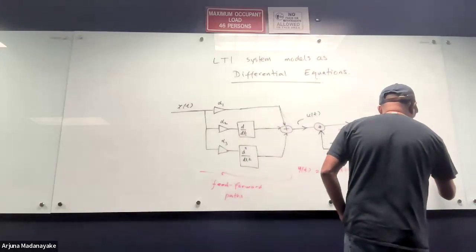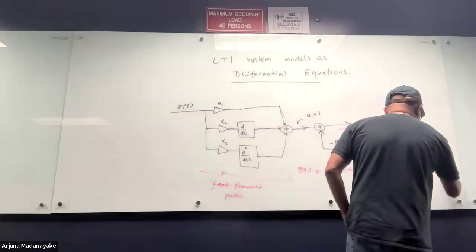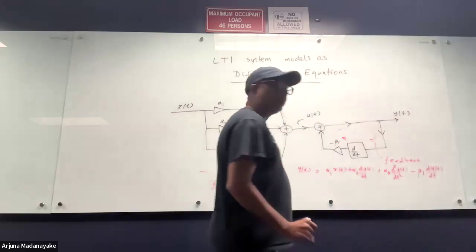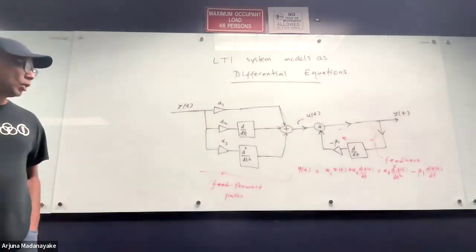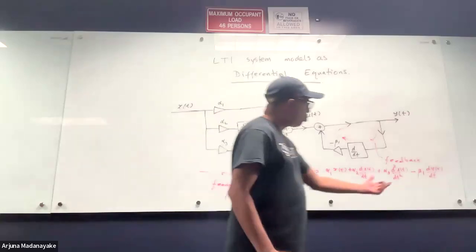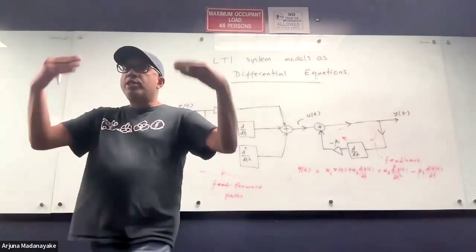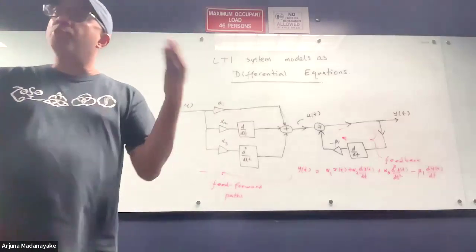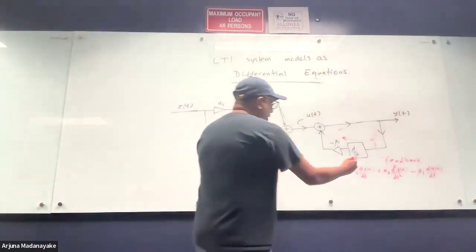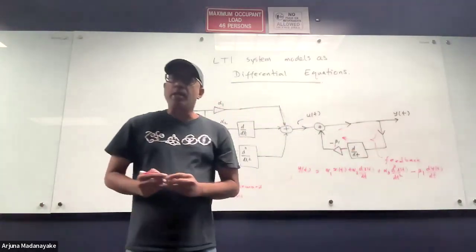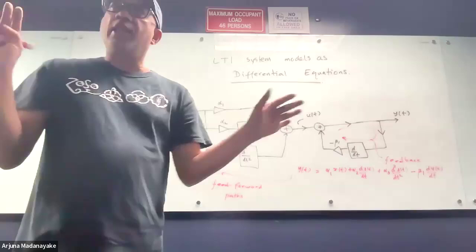Beta 1 d by dt of y. I'm going to pull all the y terms into the left-hand side. So I have a mix of x and y terms on the left and right both. I'm going to collect all the x terms on this side and all the y terms on the right-hand side, right? Just to separate out the x and y.